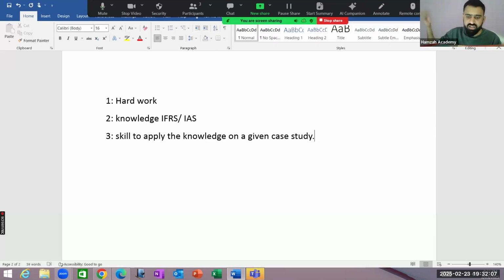You get the knowledge, you do the exam practice questions. And you have a variety of sources to do it. The most important source is your past papers, available on the ACCA practice platform. Then you have ACCA Study Hub.